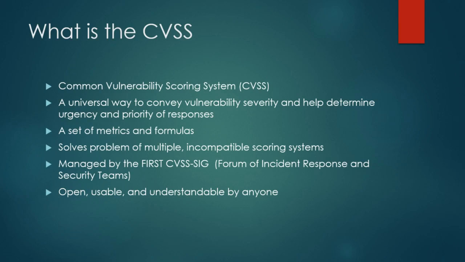By creating a common framework for these scores, it helps more easily identify the threat levels associated with the different events that may be occurring or vulnerabilities discovered on your particular network.